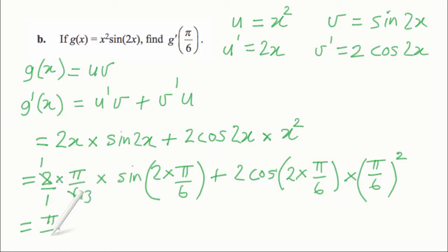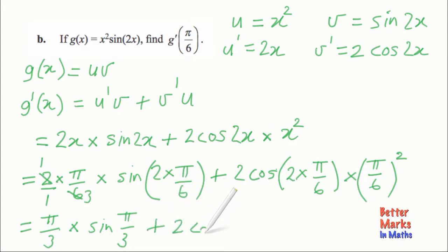and then 1 times pi is pi, and then on the bottom 1 times 3 is 3, and that's multiplied by sine of, and now you know that that's equal to pi on 3, you can just write that in, plus 2 cos of pi on 3 times by pi squared, which is pi squared over 6 squared, which is 36.